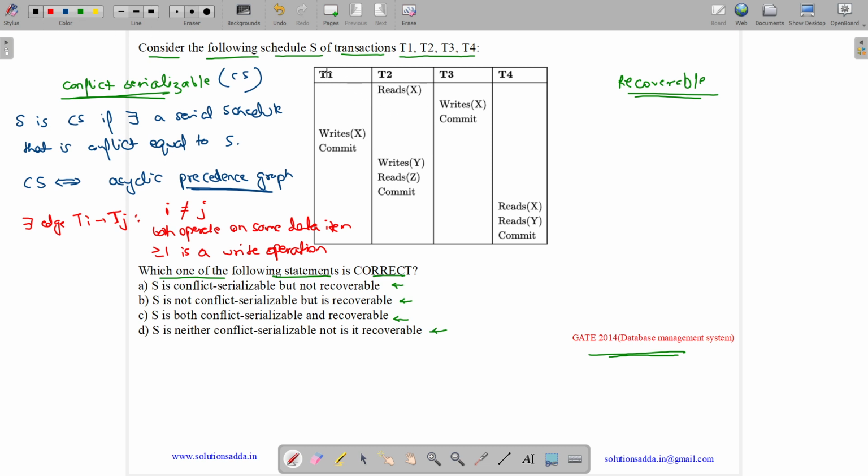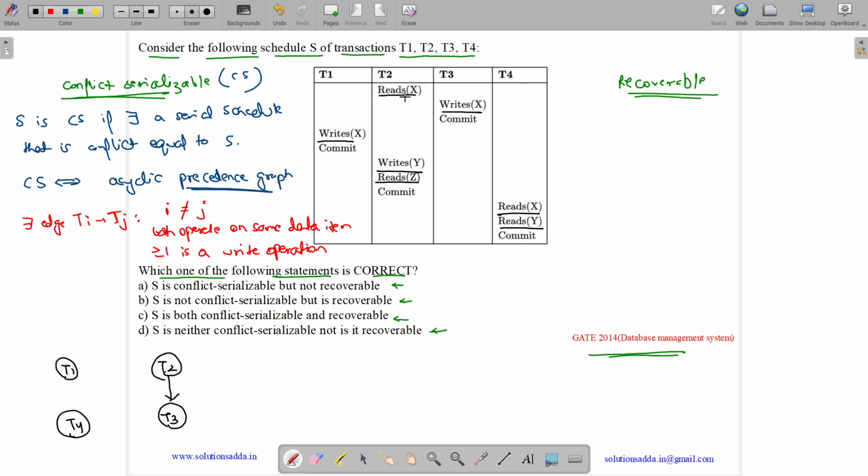So see, first we have this write, read, write, write, read, read, read. So first let us draw T1, T2, T3 and T4. Let us start with this read. Now let us see whether this forms an edge or not. One of them is write, yes. Different transactions on the same data item, yes. So T2 to T3 is an edge.